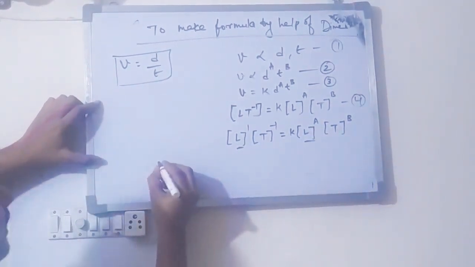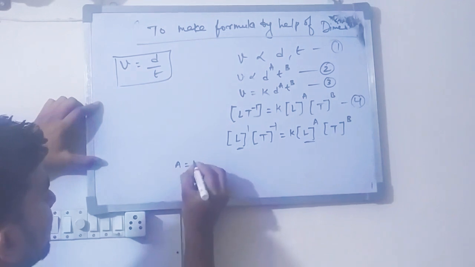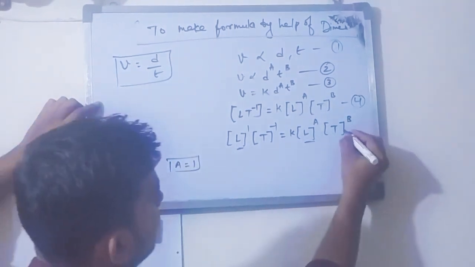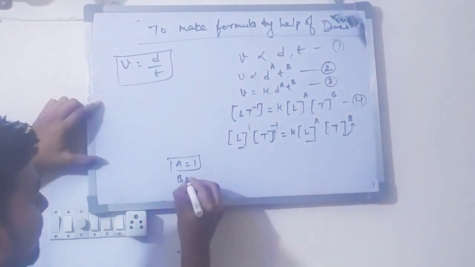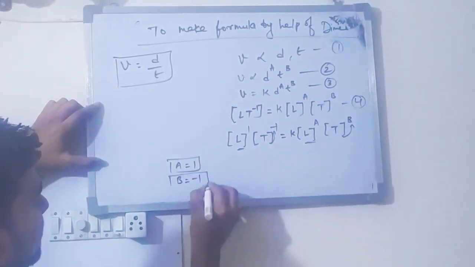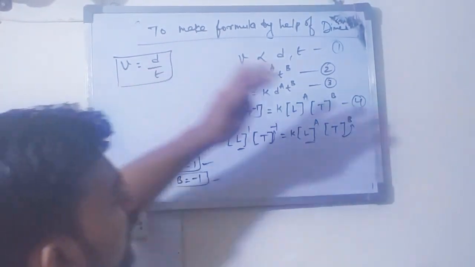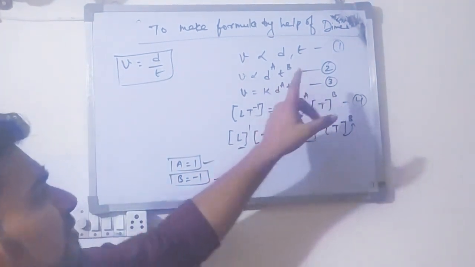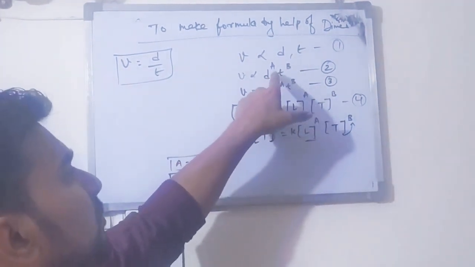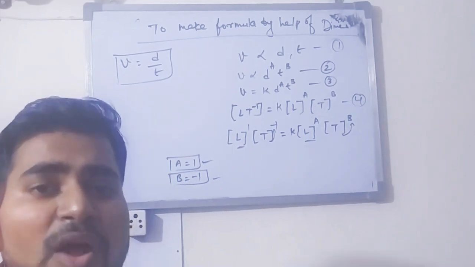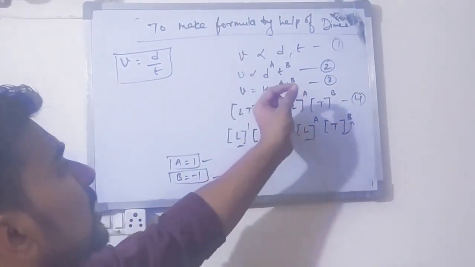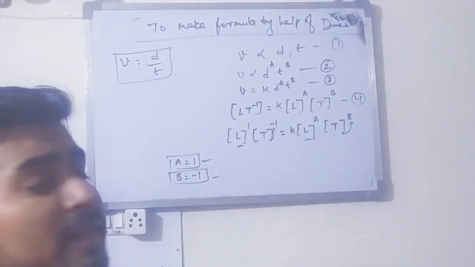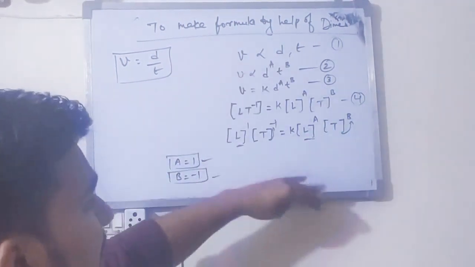The power of T is B here and minus 1 there, so B is minus 1. So your major agenda is, whatever variable powers you are taking, like we have supposed the powers A and B, that you have to find. To make any formula, whatever powers you are considering, you need to find them by this method.